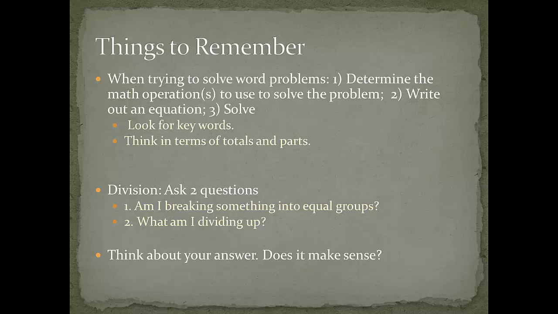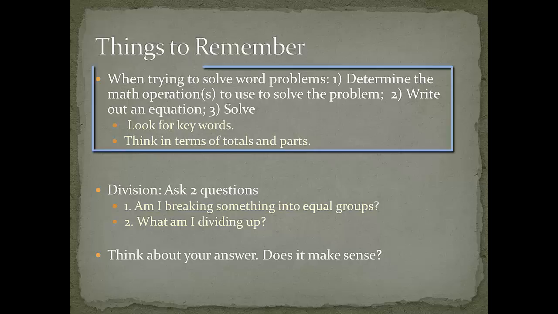A few things that I want you to remember from this video, especially when you're trying to solve word problems, it becomes difficult. So please try and remember these 3 things. 1, you need to try and determine what math operation or operations to use to solve the problem. After you've done that, the second step is to write out an equation. And then finally, after you get your equation out, the third part is just to go ahead and solve that equation to find whatever your answer is.